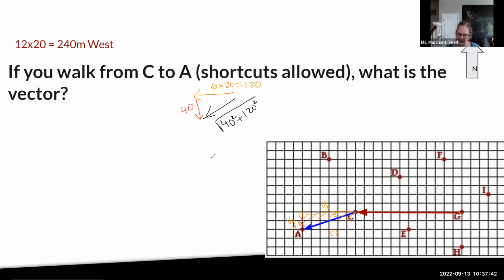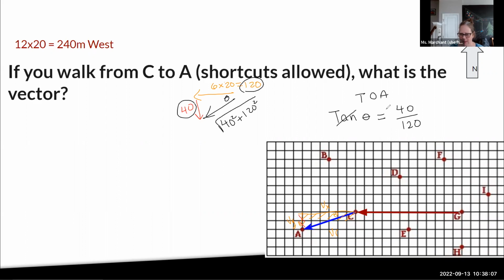That would give me my magnitude, but I need my angle too. What could I use for my angle? When I'm doing angles on these, I try to use the numbers that they gave me and not the one I calculate. That just reduces error. So I have the opposite and the adjacent. So that's going to mean I'm going to do a TOA. Tangent of theta is equal to 40 over 120.